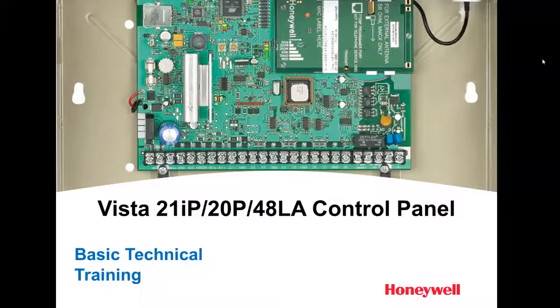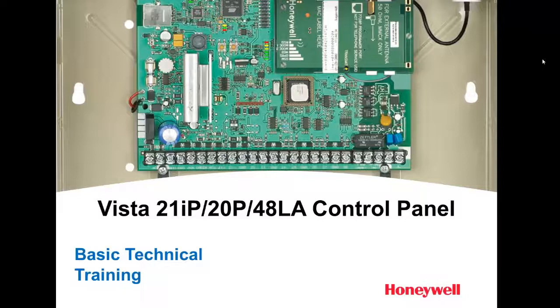It's going to be about the Vista 20P, an overview. We're going to touch a little bit of everything here, real quick, because for the time being we can't go into many details. Let me start by saying that the Vista 20P, the Vista 21IP, and the Vista 48LL are like triplets, like twins.